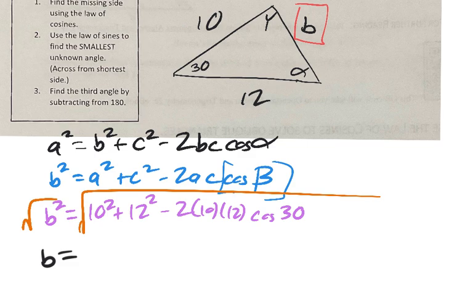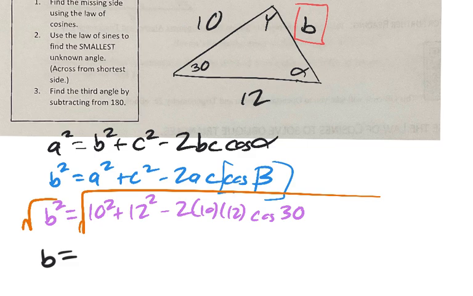Cosine of 30 is radical 3 over 2. So it would be minus 120 radical 3. Yeah, it's not going to be pretty. Here's what it's going to be: the square root of 244 minus 120 radical 3. So I've got a radical and a radical. I was hoping because it was a good angle that I would do an easy one.